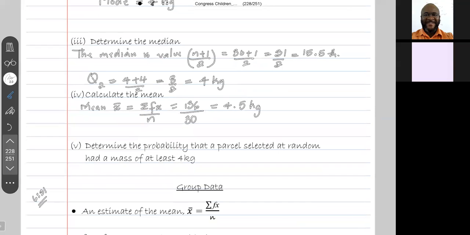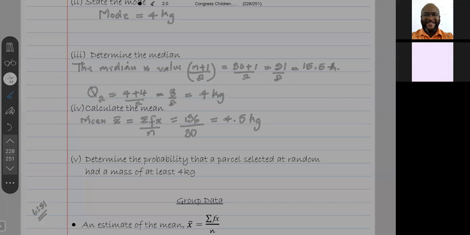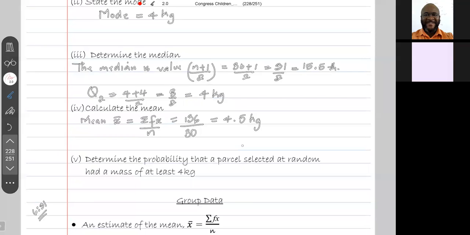Guys, lastly, we're asked to determine the probability that a parcel selected at random had a mass of at least 4 kilograms. I said this before, but I don't mind saying it again. At least is an inequality term, and it means greater than or equal to.